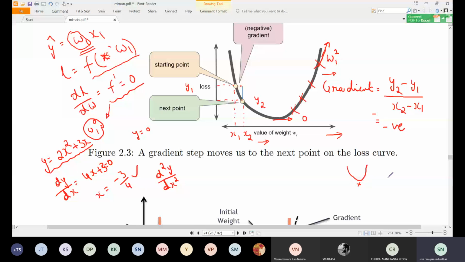If you have reached the maximum value, the second order derivative will be negative. So when you reach either global minima or global maxima, the slope will be 0.